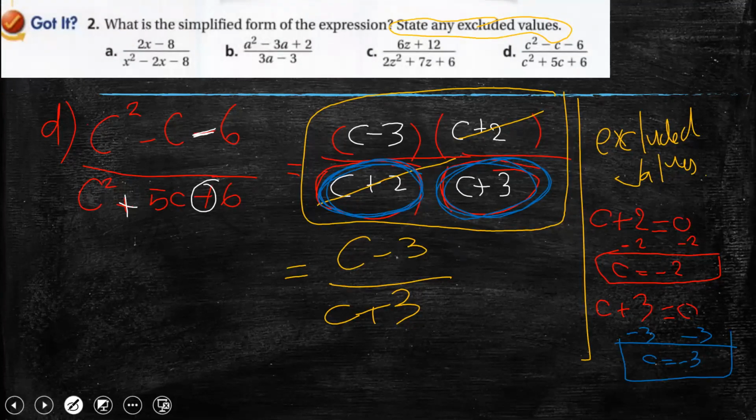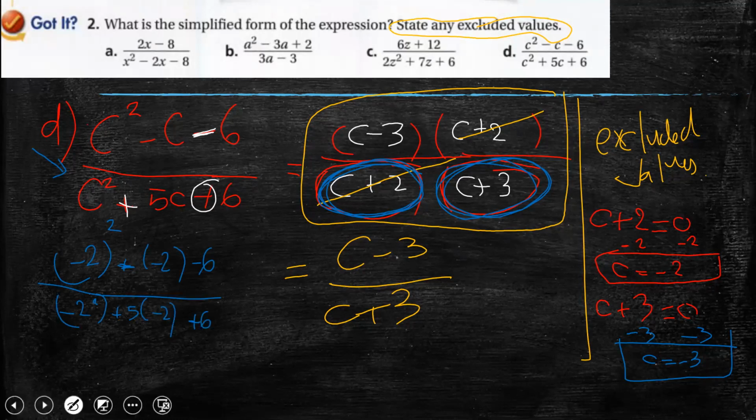What does it mean? That means if you evaluate the function at C equals negative 2 or C equals negative 3, like negative 2: negative 2 squared minus negative 2 minus 6 over negative 2 squared plus 5 times negative 2 plus 6.